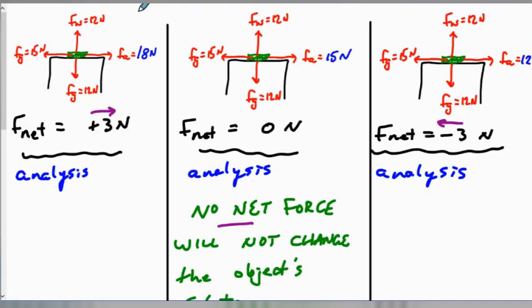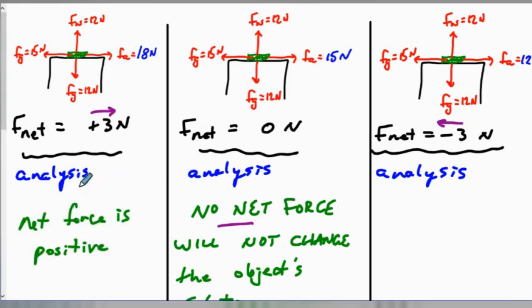Now let's look at what happens when the applied force and the frictional force are not equal. In the first scenario, we have a greater applied force, and so we have a net force on the system of plus 3 newtons.